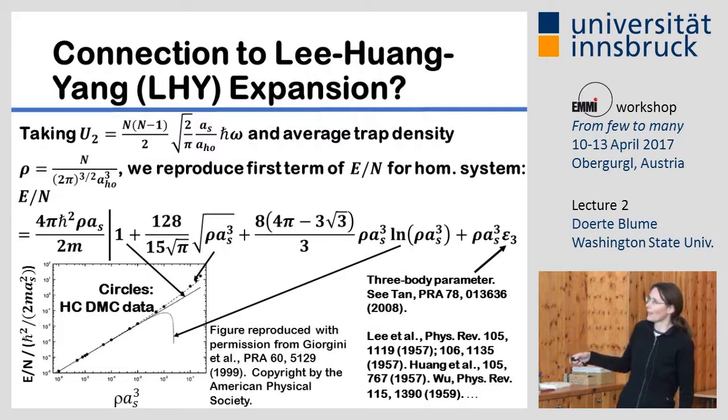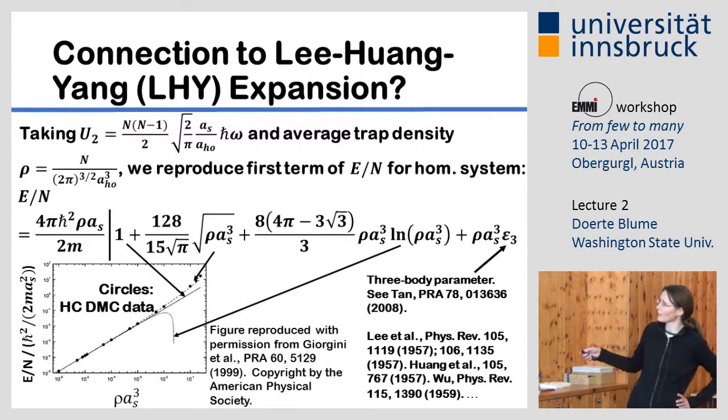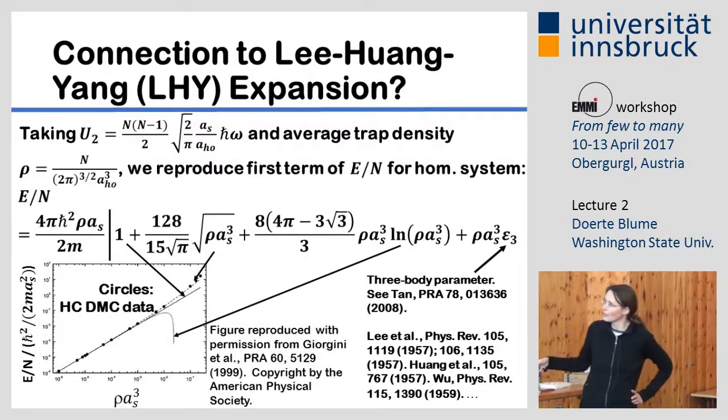Of course, this LHY expansion has been shown to work reasonably well up to intermediate densities. One thing that is always interesting to me is that this logarithmic term, shown by this dashed or dotted line, improves the description for a Bose gas only over a fairly small regime of densities, and then it really goes nuts.